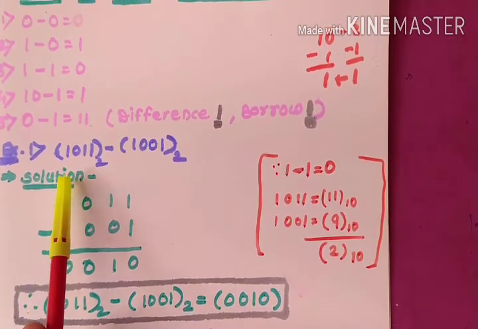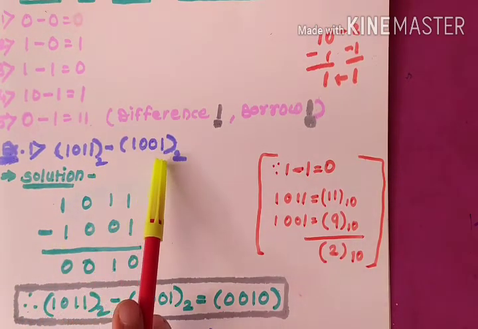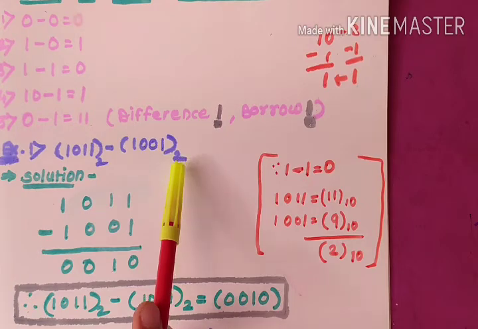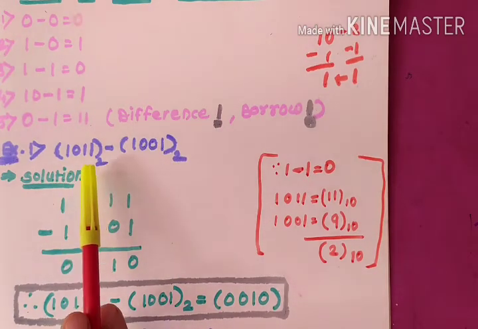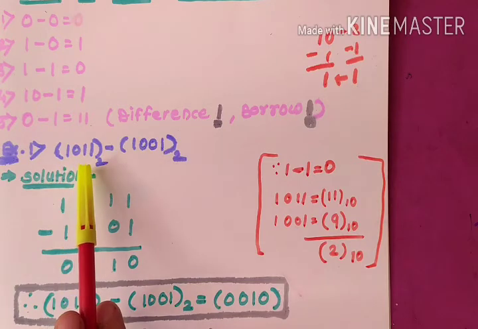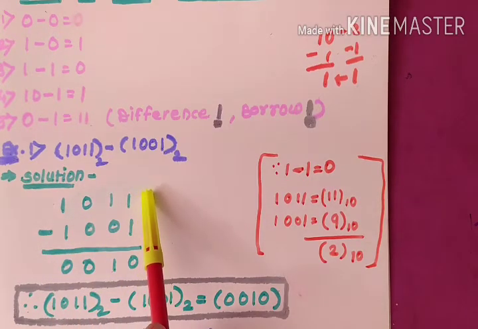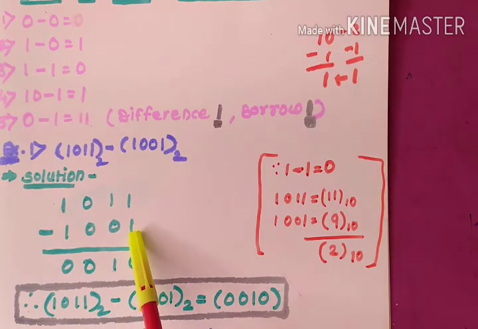Now let us see this example: 1011 minus 1001. To subtract 1001 from 1011, we have to write the numbers. This is the LSB for the first number, this is the LSB for the second number.